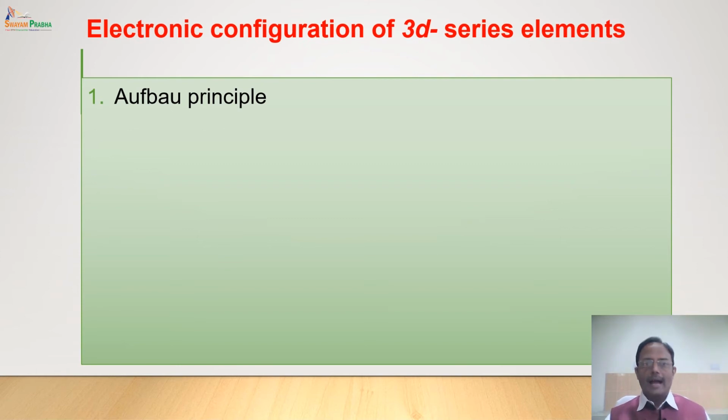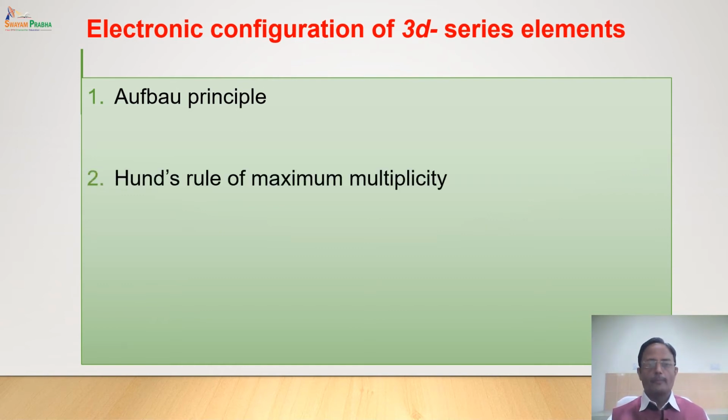So the atom is built up with the help of nucleus and electrons on the basis of the Aufbau principle. What this Aufbau principle says we will see. The second principle which governs the electronic configuration is Hund's rule of maximum multiplicity. And the third rule which governs the electronic configuration is the principle of extra stability.